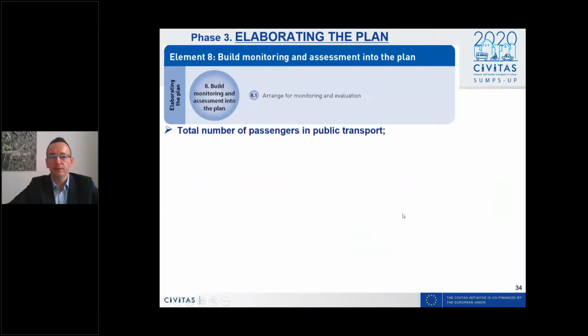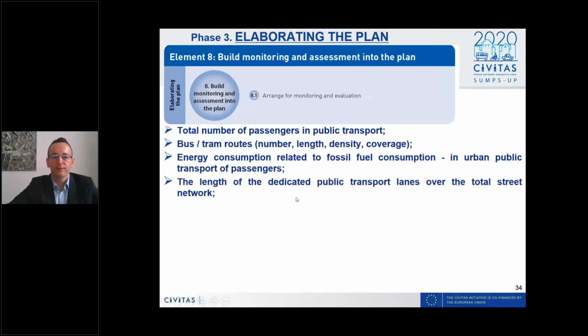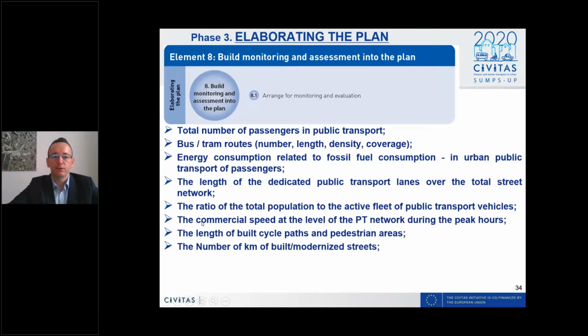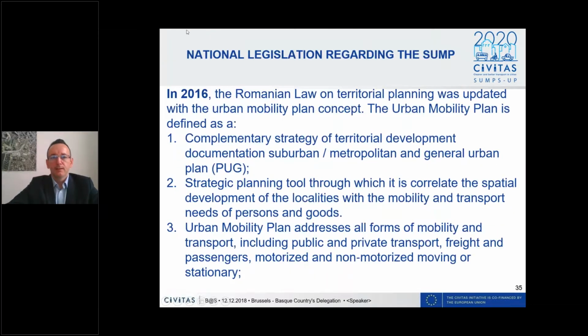In terms of arrangements for monitoring and evaluation, you have here some indicators that we set up in order to monitor and evaluate the implementation of the above mentioned projects.